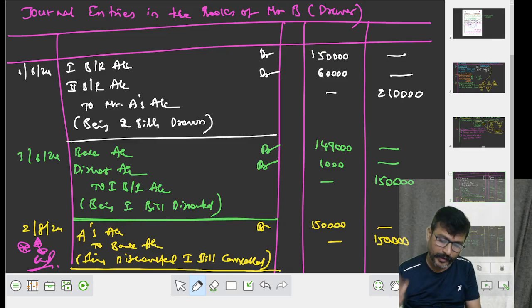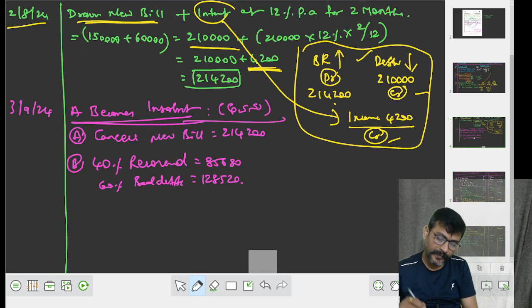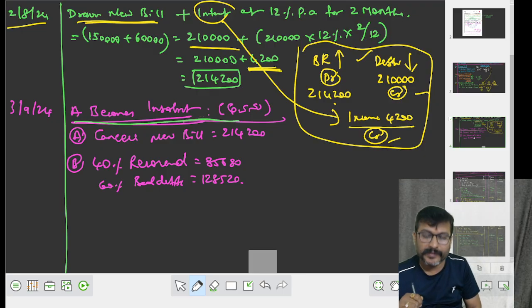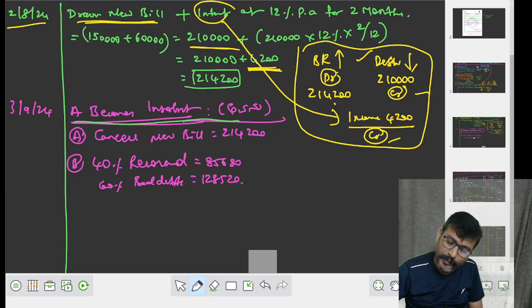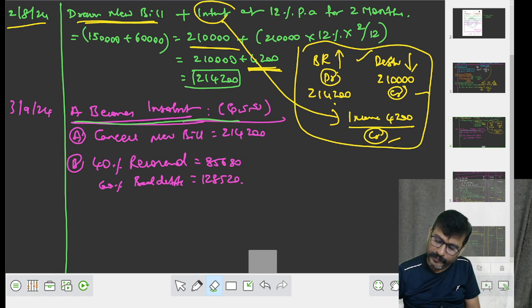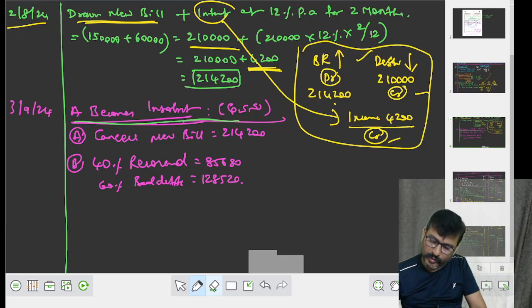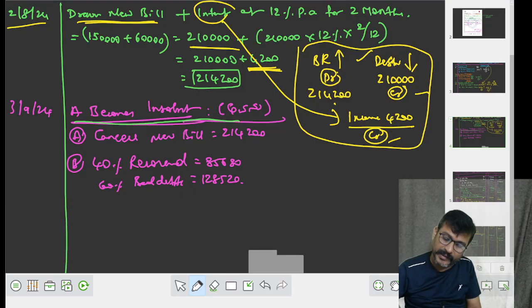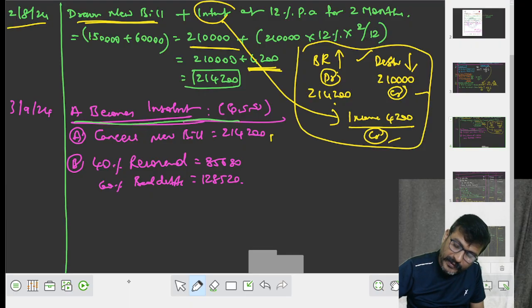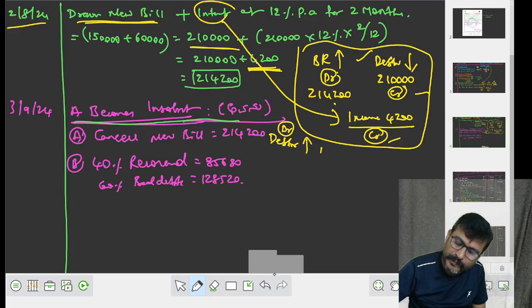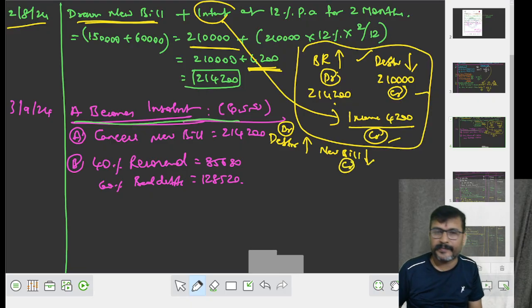ओके, न्यू बिल ड्रॉन भी हो गया. बाद में क्या हुआ, बी बिकम्स इंसॉल्वेंट. क्या करना, कैंसल द न्यू बिल. ये न्यू बिल कैंसल करना बोले तो क्या करना, the new bill is available with whom? The new bill is available with us only. When the new bill is cancelled, your debtor increased debit, new bill decreased credit.